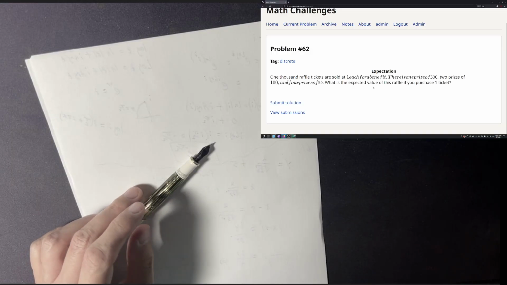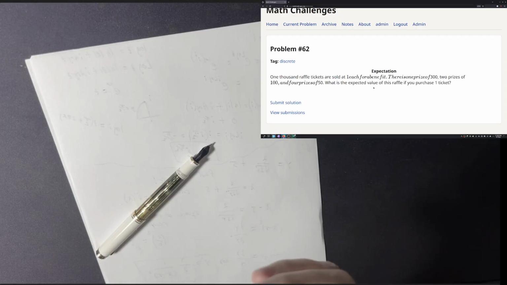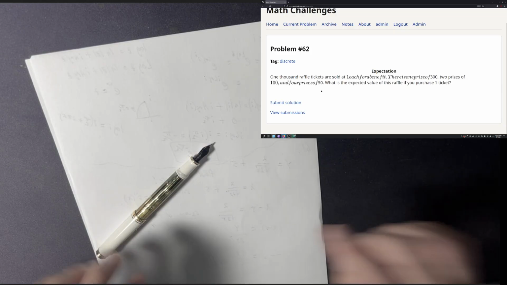So it involves a little bit of probability and a little bit of some value, some output. Like sometimes you're rolling a die and the values that you see are the numbers, the number of pips on the die. In this case, I think the value that we see is probably some cash amount. It says there's a prize worth 300, 2 prizes worth 100.